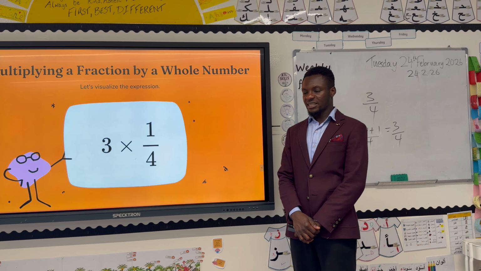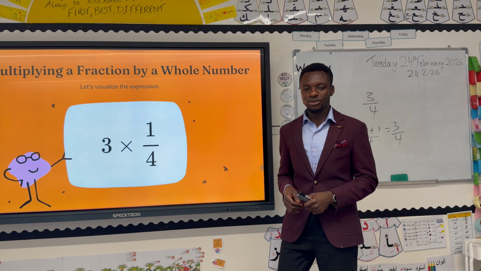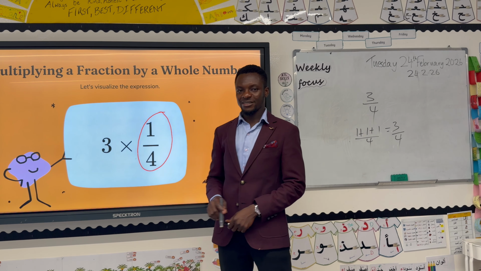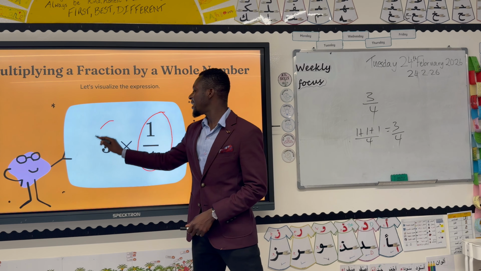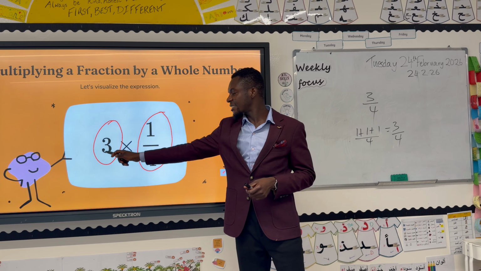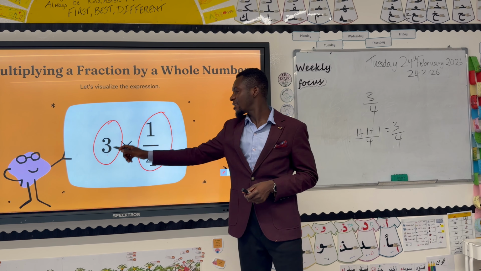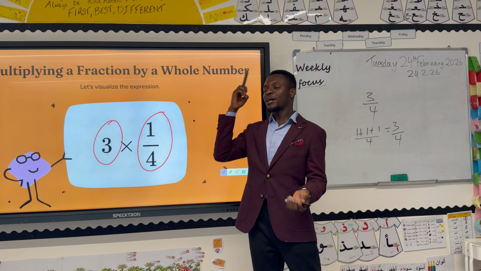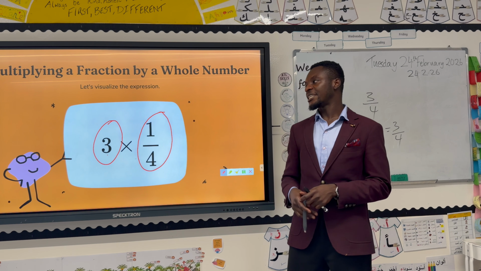Sounds tricky, isn't it? But let's cast our mind back to the pizza. Imagine eating 1/4 pizza for 3 days. So the 3, which is the whole number here, is representing how many days you ate the pizza. And the fraction here represents the amount of pizza you ate within a day.